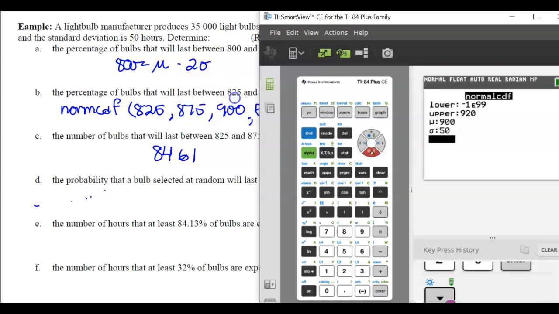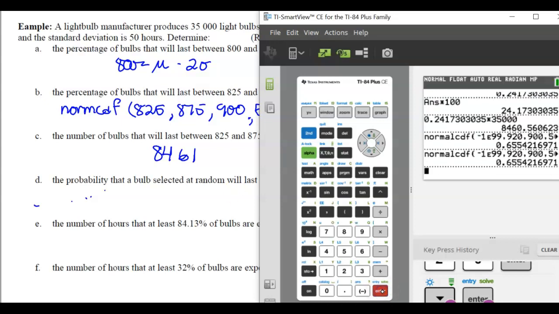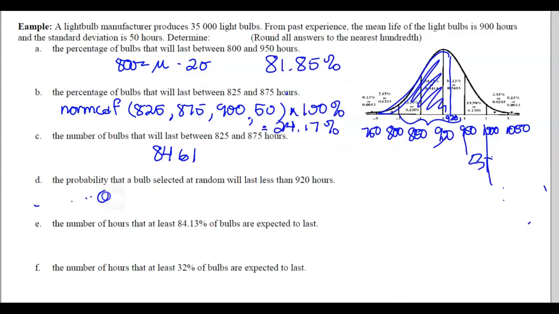So then just go to paste. If you have an older version of the calculator, that's what you're entering: lowest, highest, mean, standard deviation for the data. Enter on that. And 0.66. That was norm CDF.